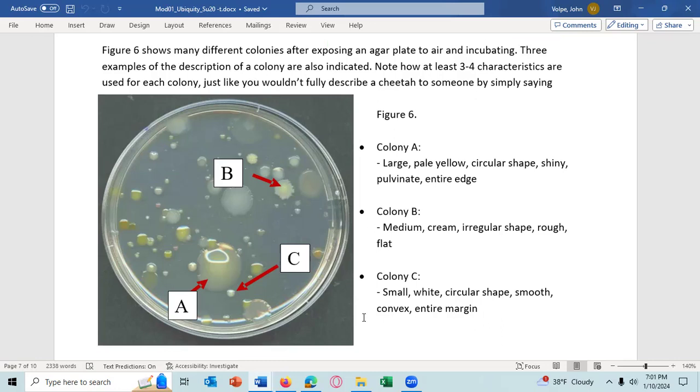And then you can tell the elevation. When you're looking at the top, from on top, it's very hard to determine the elevation. Like I cannot tell this one, colony A, is pulvinate. I can't tell that from there when you're looking at the top.